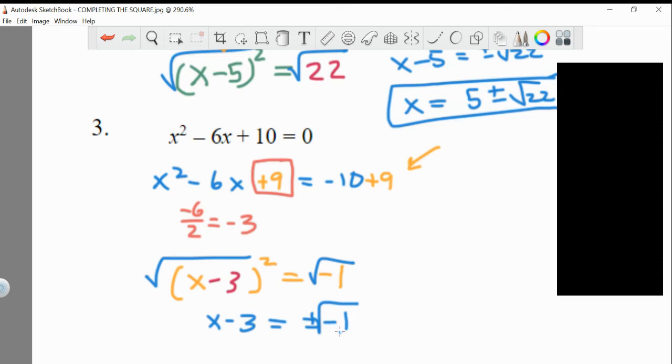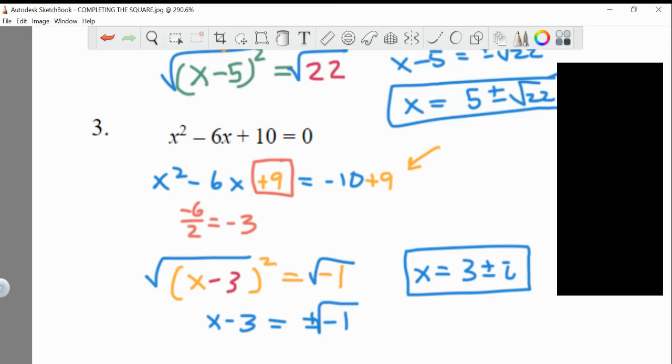The square root of -1 is impossible. It is an i, and so we can make this as simple as possible: 3 plus or minus i. And that's that. That is completing the square.